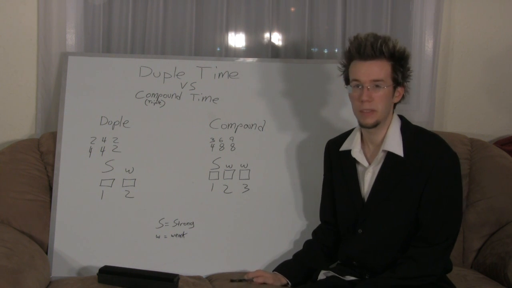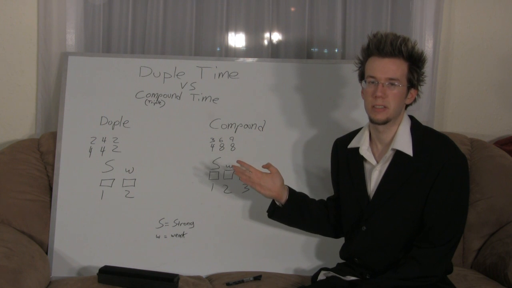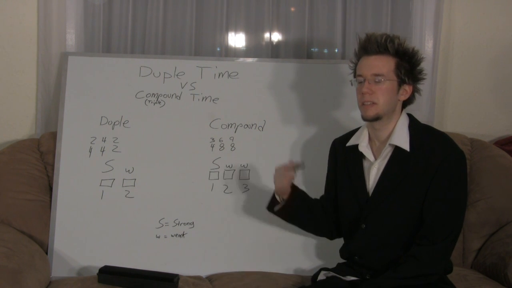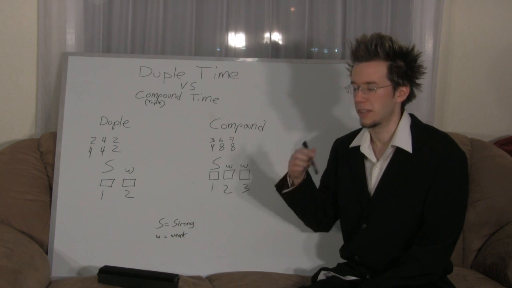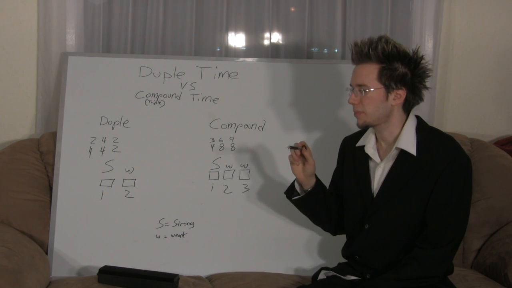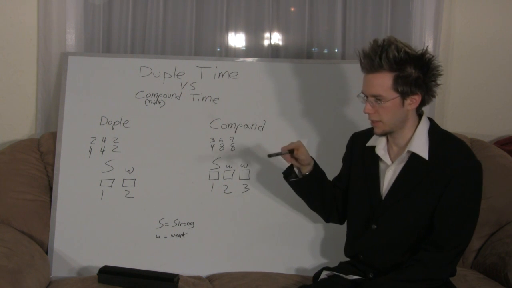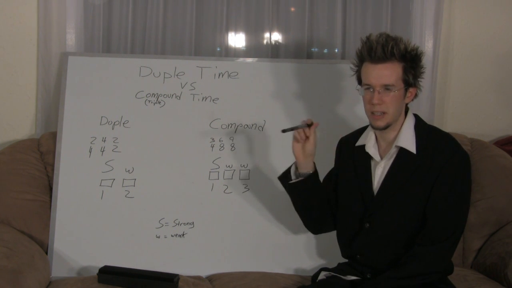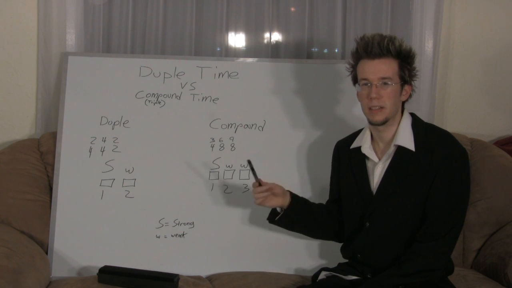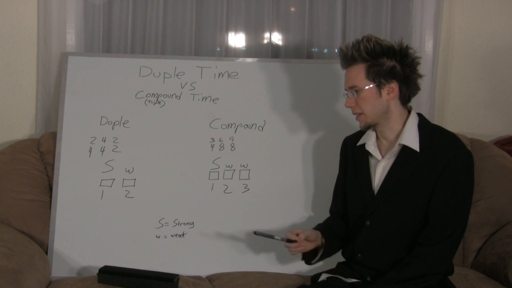Most commonly, it's going to be put in a compound time signature. But sometimes people will write music in compound time, so it'll be 6/8, and they'll go through the piece like da dun dun da dun dun da dun dun, and then suddenly they'll change it and write it as if it was duple time, just to make it a different flavor. So you can do a lot of stuff like that.